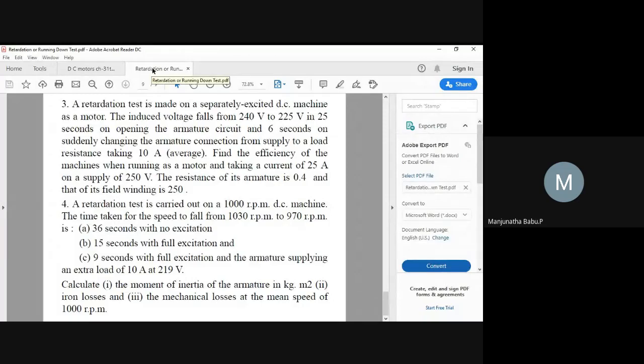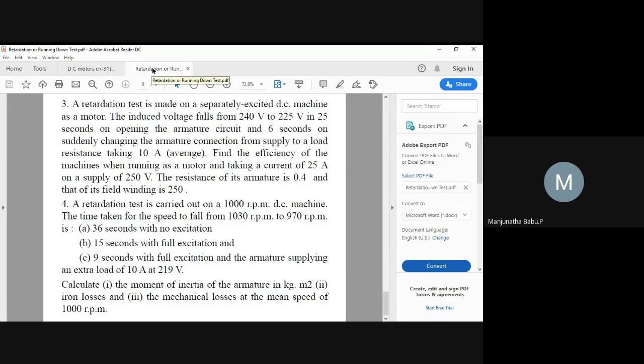So (2 pi by 60) whole square gets cancelled. I and I get cancelled. Speed gets cancelled. So only dN by dt remains: 60 by 36 and 60 by 15. So 60 and 60 get cancelled, and 36 and 15 will be represented in the equation.